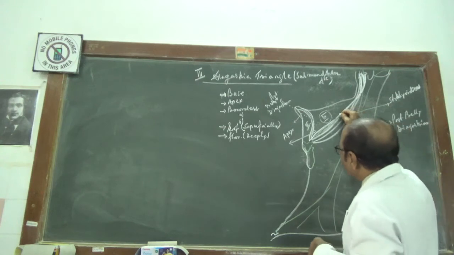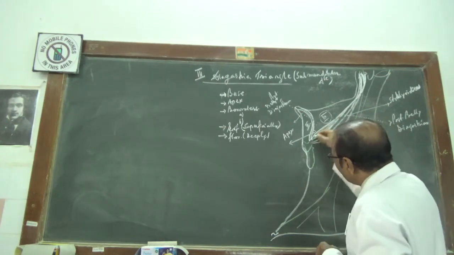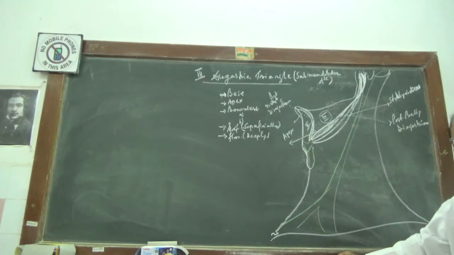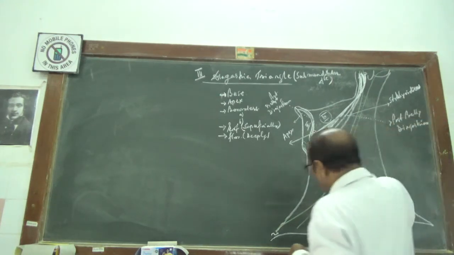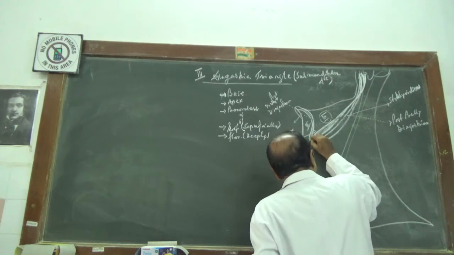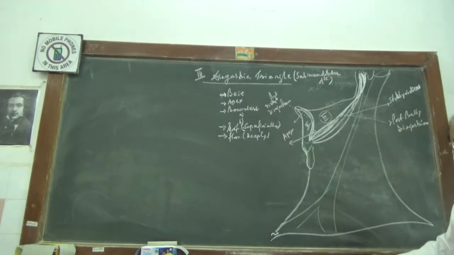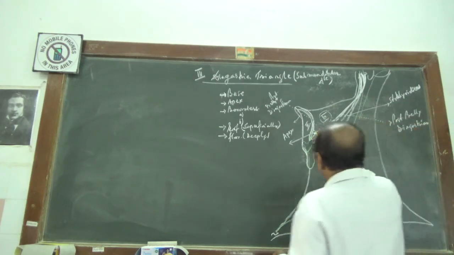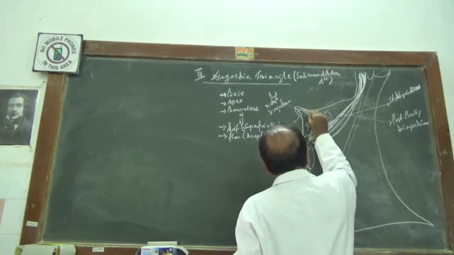I mean to say, the posterior belly of the digastric, as it approaches the upper lateral part of the hyoid bone, runs in a small trochlea-like structure, which is a small condensation of the fascia. It allows the posterior belly to turn into a tendinous mass, and then it becomes fleshy once again and gives rise to the anterior belly of the digastric.